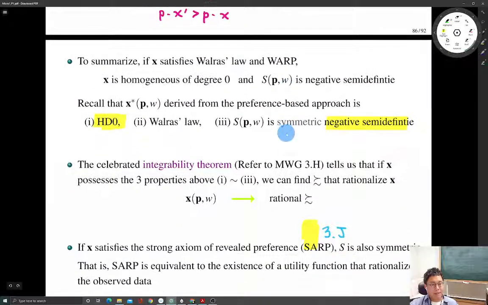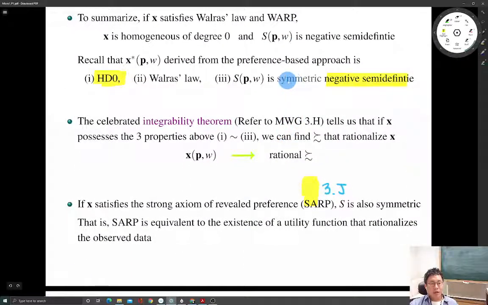But if we could show the symmetry of the Slutsky matrix, then we could say the deduced ranking is transitive, so the deduced preference ranking is rational. And if we strengthen WARP to the strong version, SARP, we can show the Slutsky matrix is even symmetric. So by the integrability theorem, we can make sure of the existence of a utility function that rationalizes the observed data.